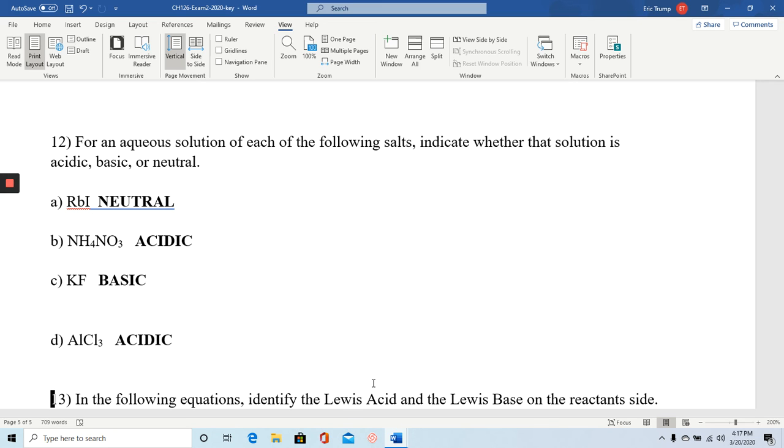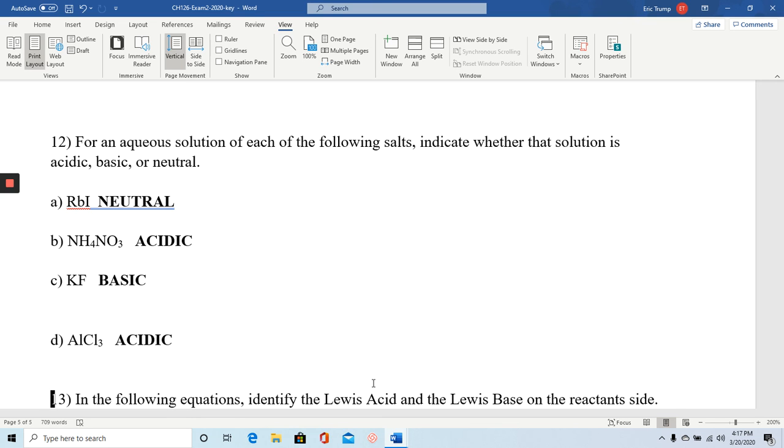Both cation and anion. For part B, ammonium, NH4 plus, is an acidic cation. It donates protons to form ammonia. Nitrate is a neutral anion. It's the conjugate base of a strong monoprotic acid, nitric acid, HNO3. So we have an acidic cation, neutral anion, so that will form an acidic solution.